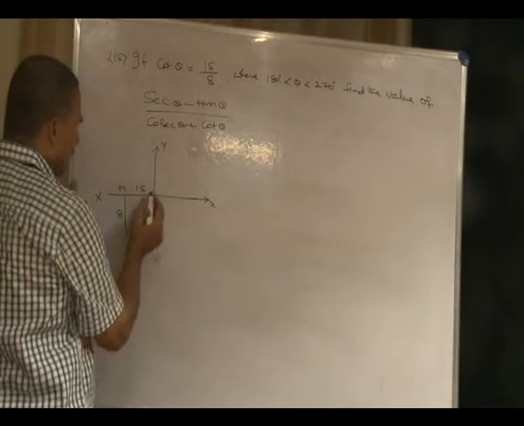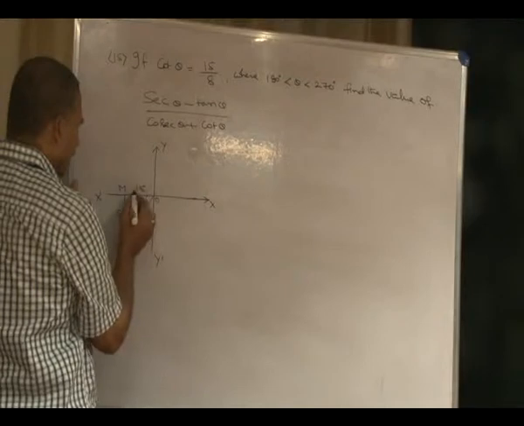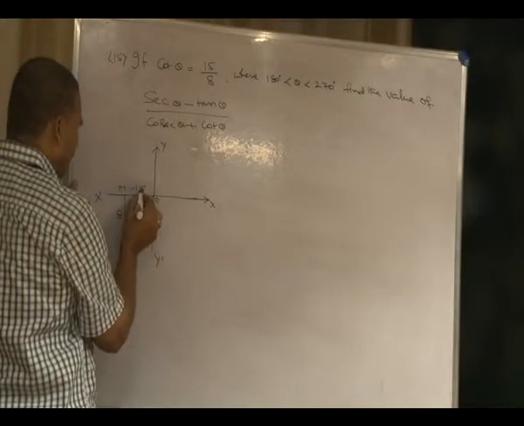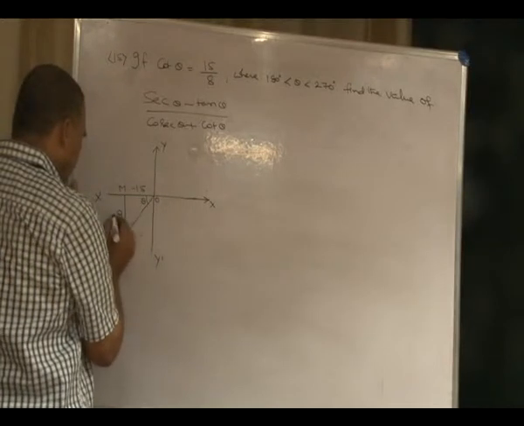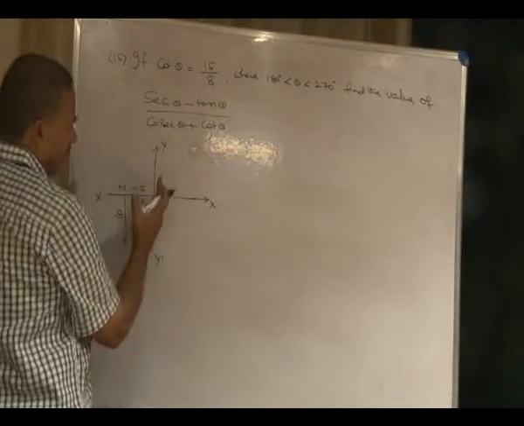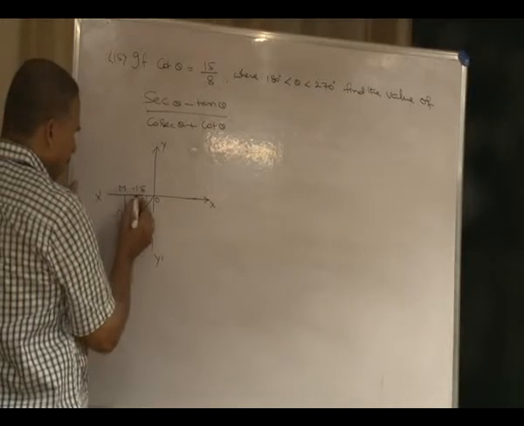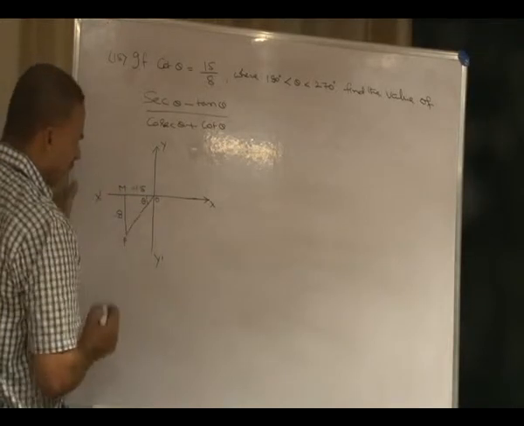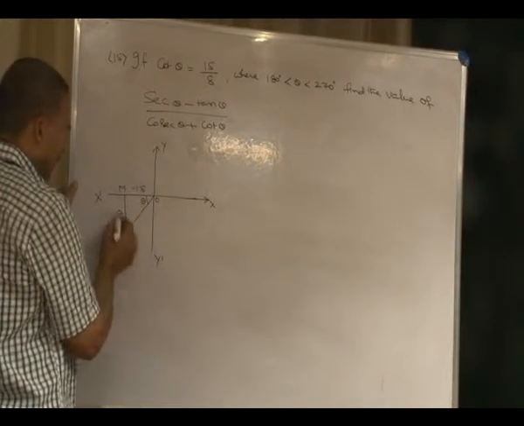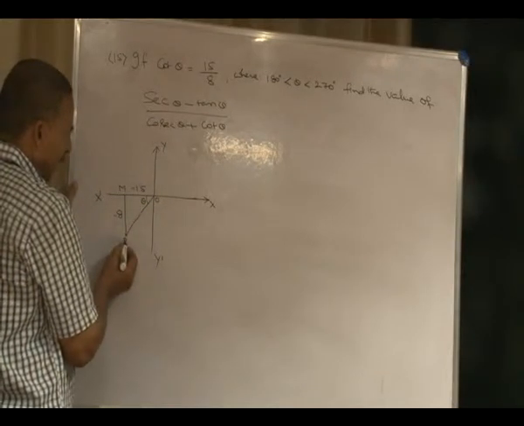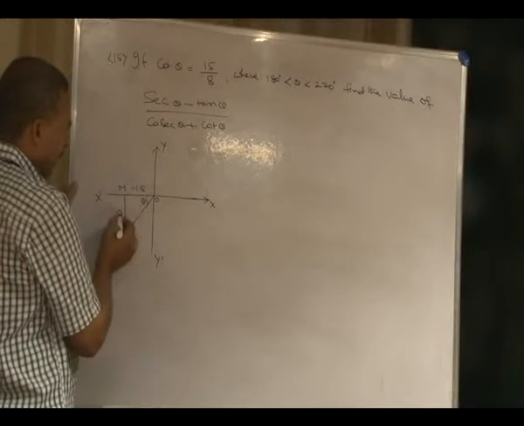In the third quadrant, both x and y values are negative. So here OM is minus 15, MP is minus 8. The coordinate of the point P is minus 15 comma minus 8.